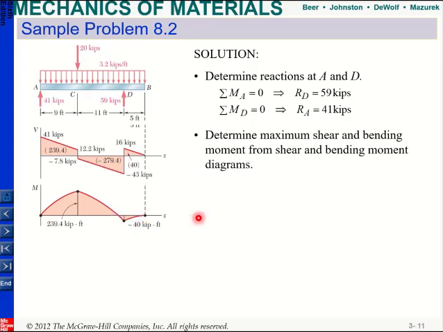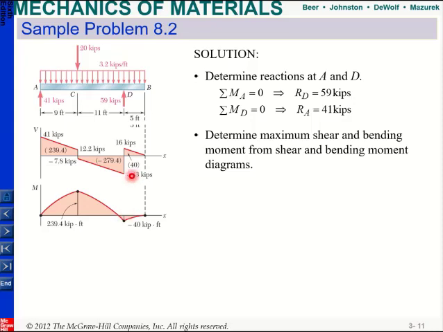Okay. And after I look at this, now I need to look where my maximum stresses might be. For example, if I look here, where is my maximum shear stress? This point is critical because here I have a large shear, and I also have a moment.